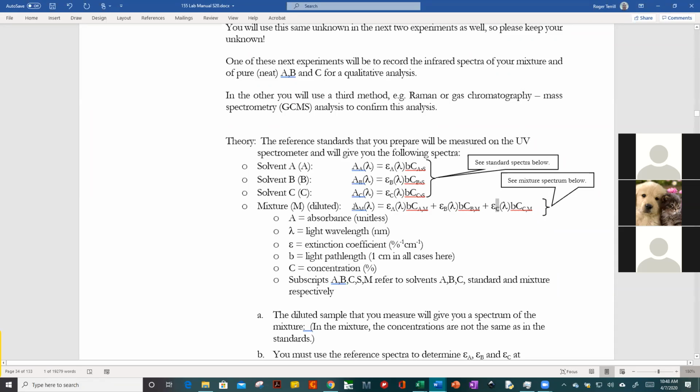So here we have the measured absorbance. Epsilon of A is calculated from a measurement here at a known concentration. Epsilon of B is calculated from a measurement here at a known concentration. And epsilon of C is calculated from a measurement here at a known concentration, right?